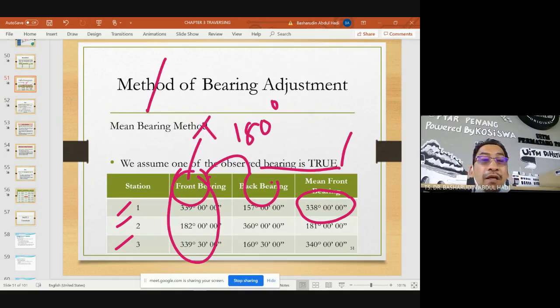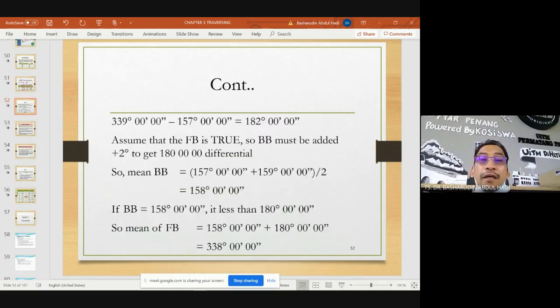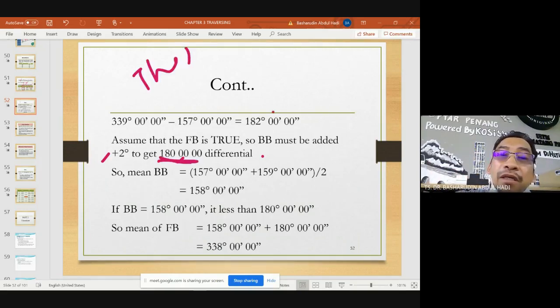We are assuming; if we do not assume, we cannot calculate. Okay, so the back bearing must be added plus 2 degrees to get 180 degrees 0 minutes 0 seconds, because we try to do some correction based on theory. 180 degrees is theoretical. This one is practical.